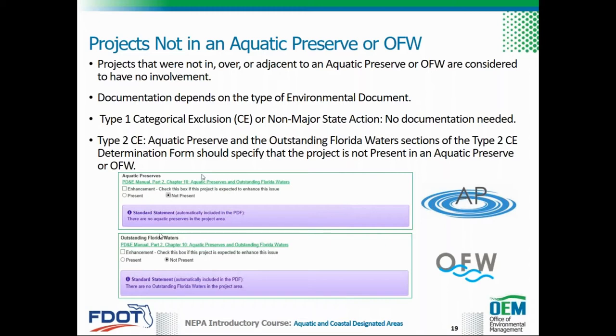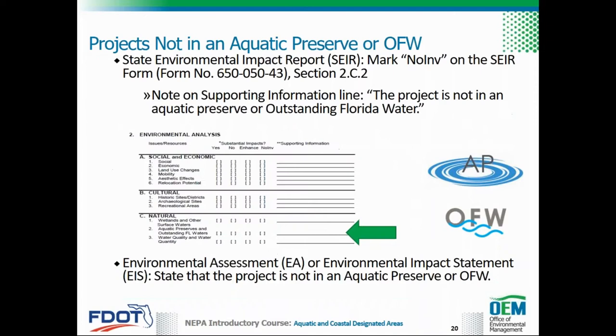For a Type 2 categorical exclusion, referred to as a Type 2 CE, the Aquatic Preserve and OFW sections of the Type 2 CE determination form should specify that the project is not present in an aquatic preserve or OFW. For a State Environmental Impact Report, or SEER, with no involvement with aquatic preserves or OFWs, mark no involvement on the SEER form in Section 2C2.